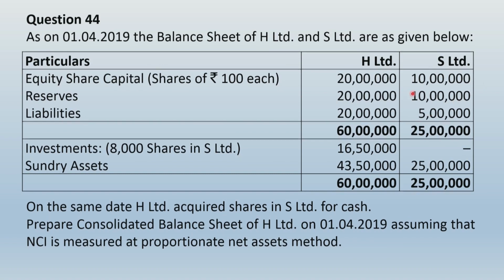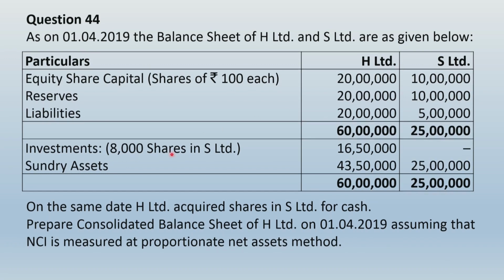So net assets of S Limited are aggregated to 10 plus 10, 20 lakhs. Alternatively, you may also find the net assets by taking sundry assets minus liabilities. 25 lakhs minus 5 lakhs will also give you 20 lakhs. The fact of the matter is, the total net asset of the subsidiary company at the acquisition date is 20 lakhs.